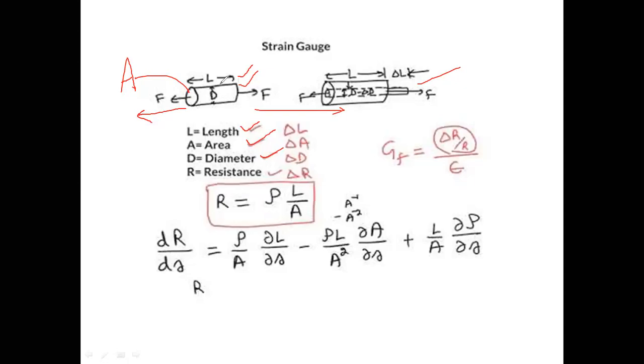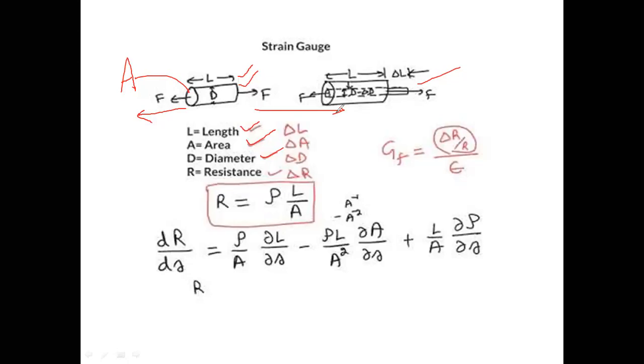Now this strain gauge material is subjected to stress by applying some force. Let us take a rubber band. The rubber band length is L and the diameter of rubber band is D. If you stretch the rubber band, the length will increase and the diameter tends to decrease.